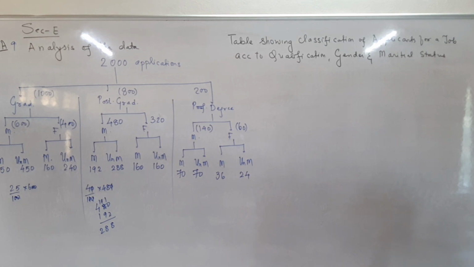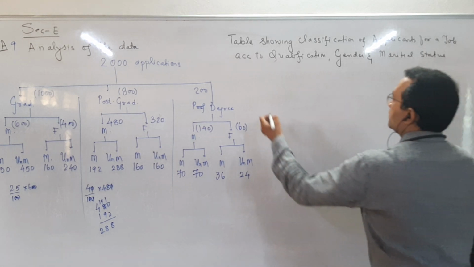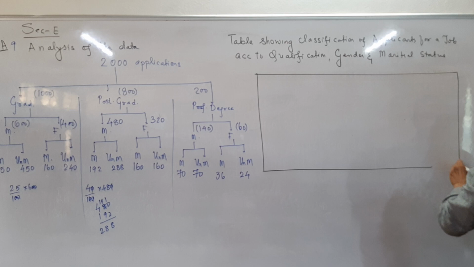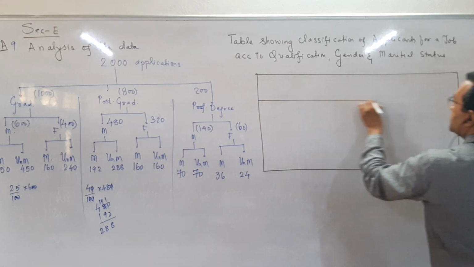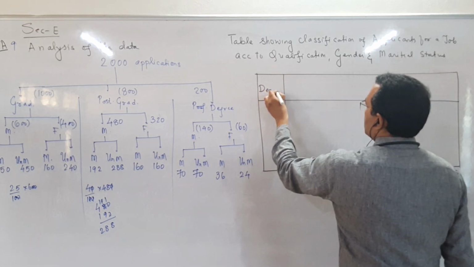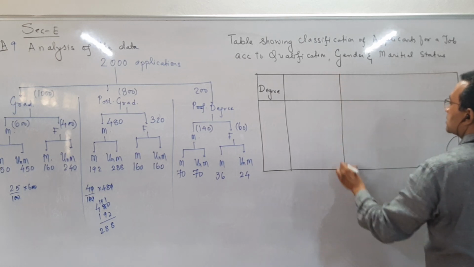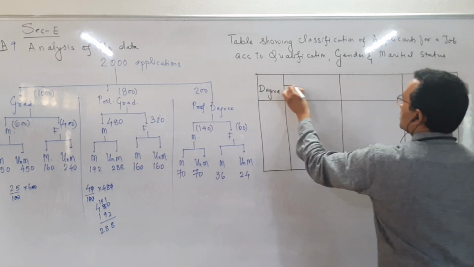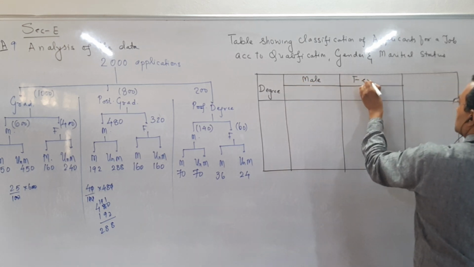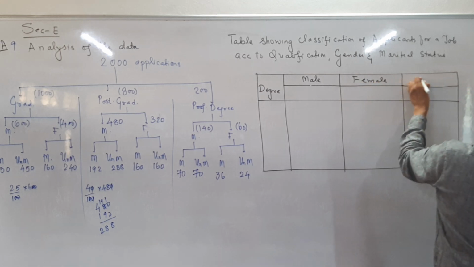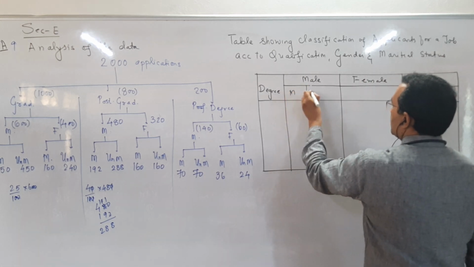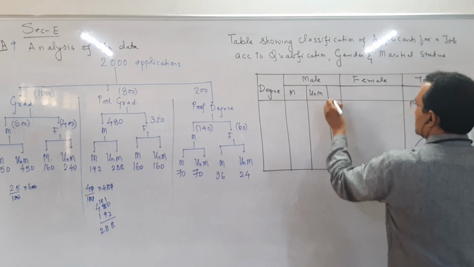Now, the first column will be degree or qualification, students. Then male, female, total. Male, female, and total. This is again divided into married, unmarried, and total.